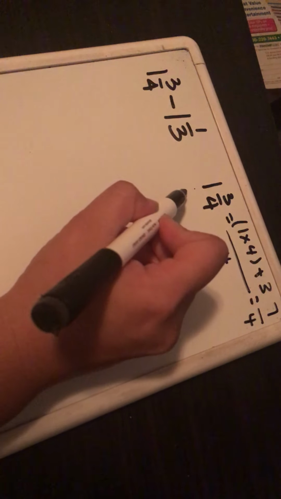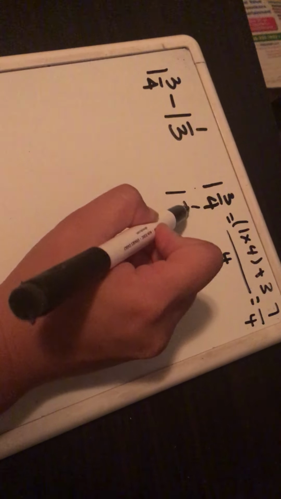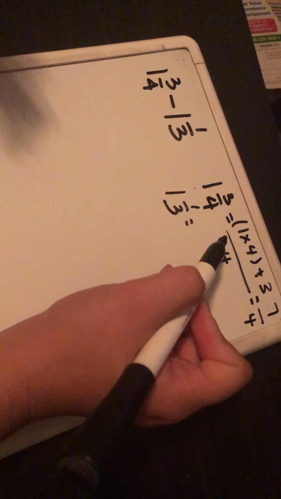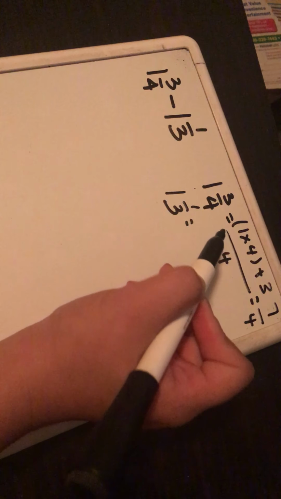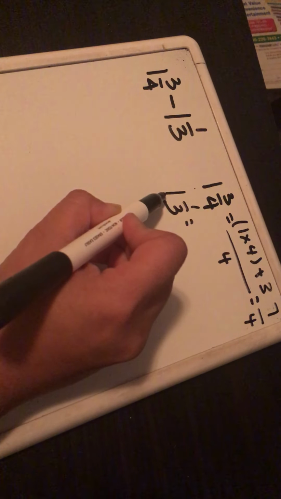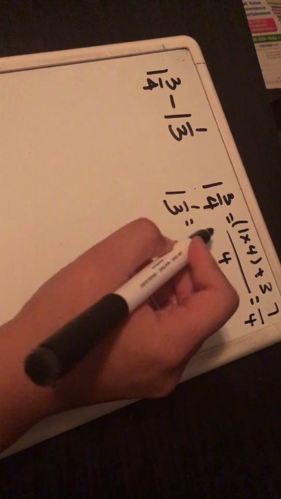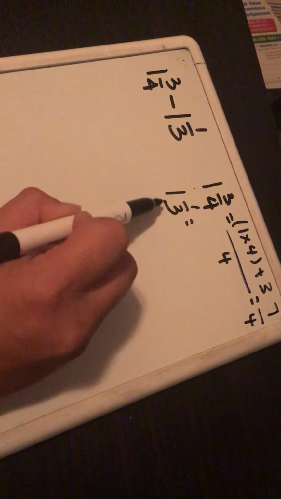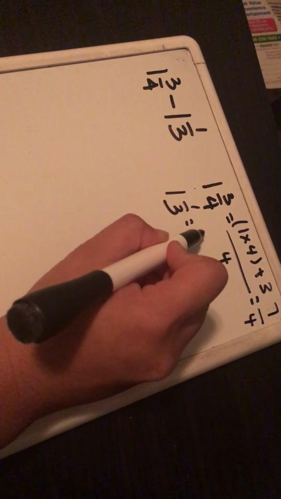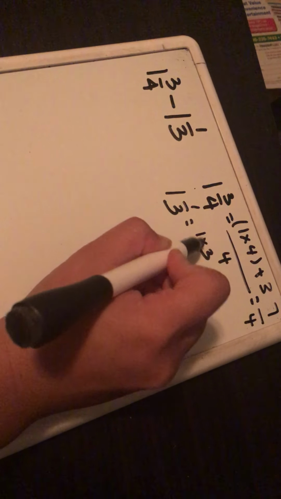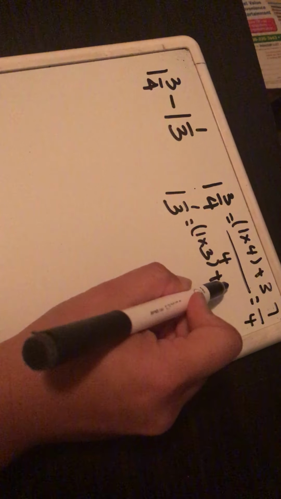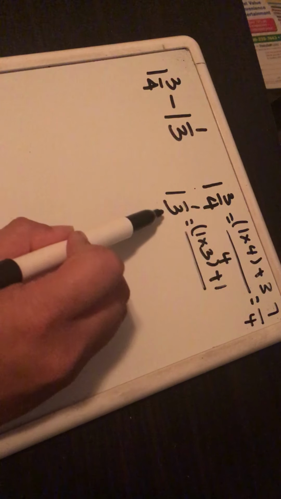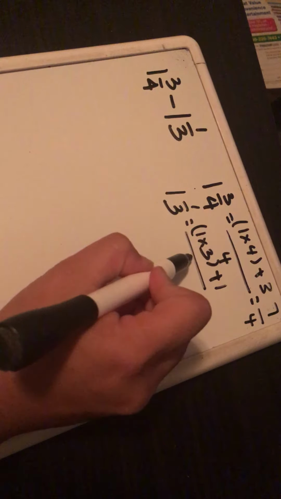Okay, so let's do 1 1/3. Okay, let's convert that to an improper fraction. So our whole number is 1. Our denominator is 3. 1 times 3 plus our numerator, which is 1, over, and then our denominator here would be 3.